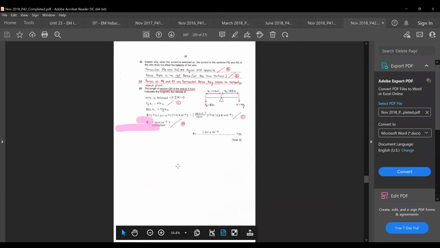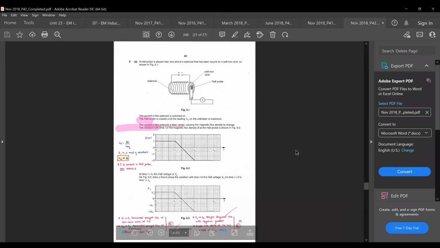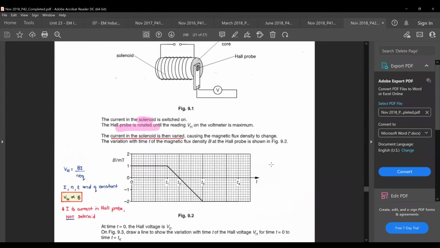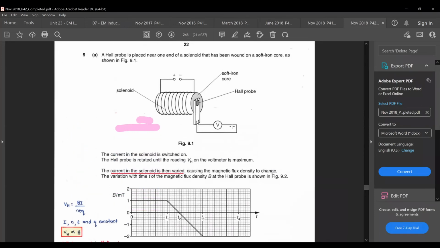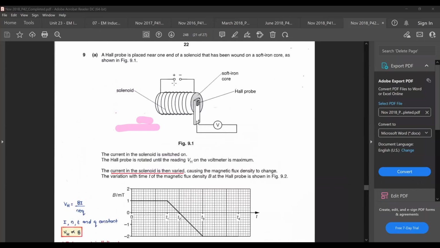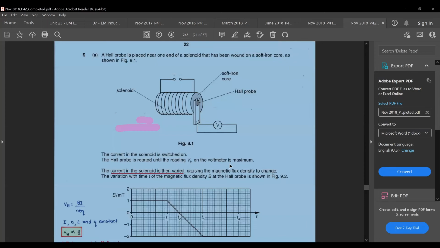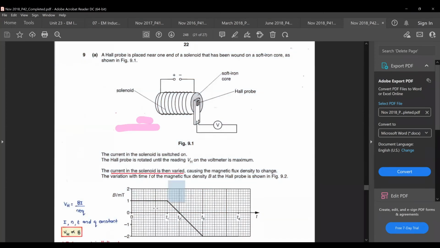Yes. So they give you something like this. They tell you that the hall probe is placed near one end of the solenoid that has been wound on the soft iron core. The current in the solenoid is switched on. The hall probe is rotated until the reading VH on the voltmeter is maximum. The current in the solenoid is then varied, causing the magnetic flux density to change, according to what the graph here shows.